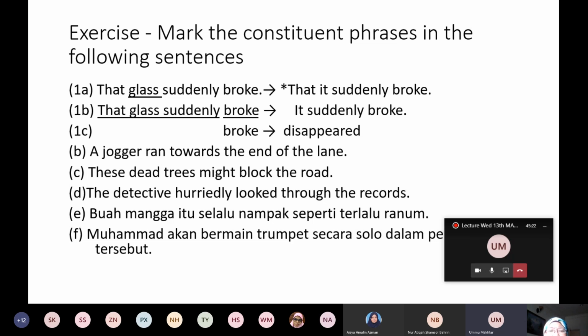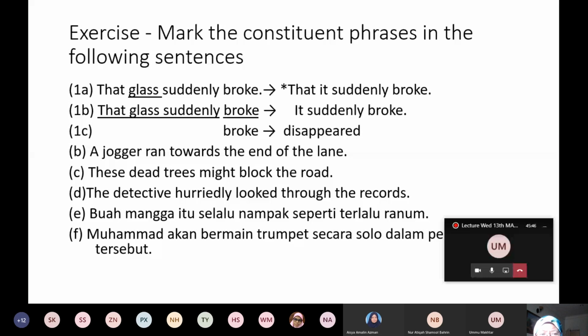Through is a preposition. So if I were to replace it with another preposition, do I use the replacement test to determine it? Okay. So the records is another constituent.